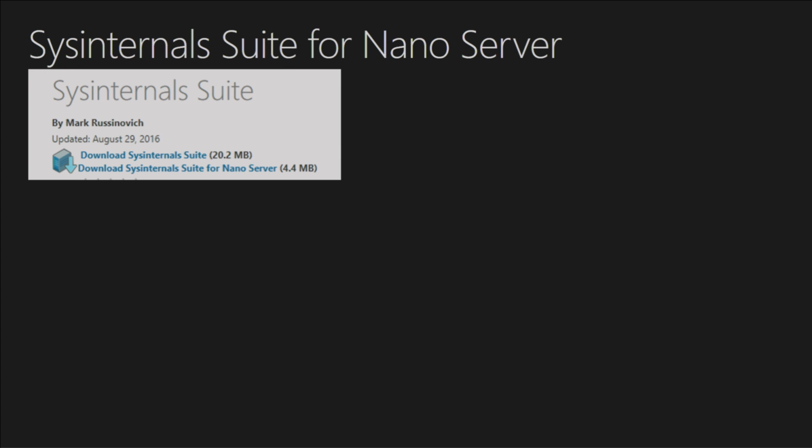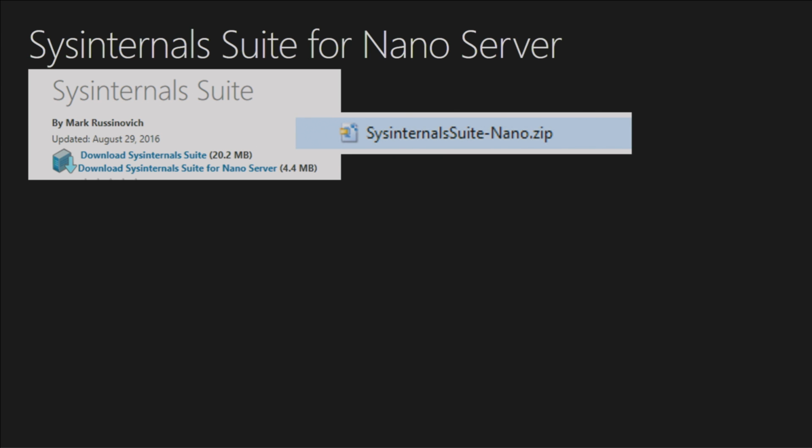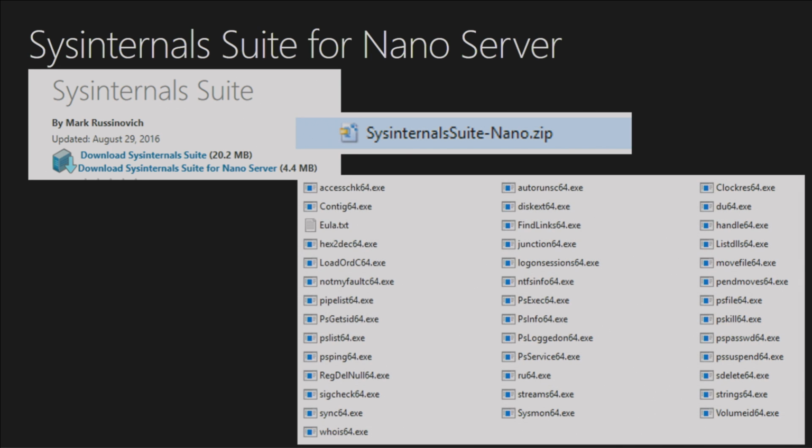So you go to the Sysinternals site and you can download the full suite, or you can download the package of tools that run on Nano Server. You get the Sysinternals Suite-nano.zip, extract that out, and you see all the executables here end in 64.exe. These are all native 64-bit executables. These are all command line tools also, because there's no GUI. But all these now can run on Nano Server, and let me show you an example of that.